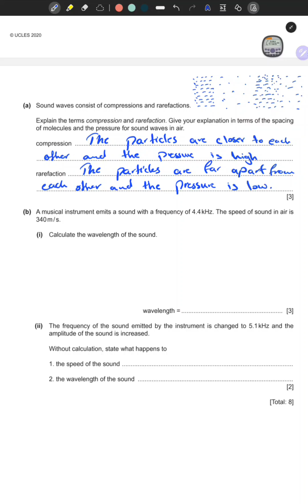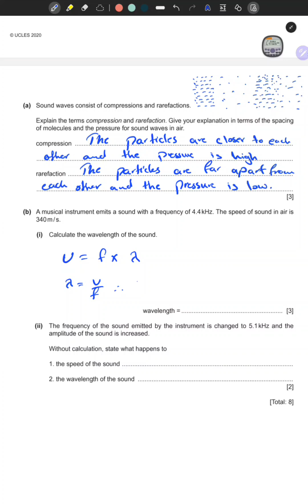So I will recall the rule, which is speed of sound is equal to frequency times wavelength. Here I need to find the wavelength. So the wavelength is equal to speed over frequency. And then let's put the values in their places.